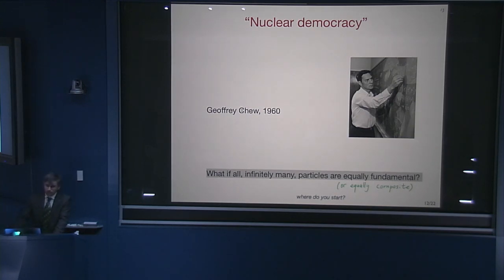He asked: could we imagine that all of these particles, so many that we don't know how to classify them, are all equally fundamental or equally composite? We should not try to reduce composite to fundamental, but view them together as equally fundamental.